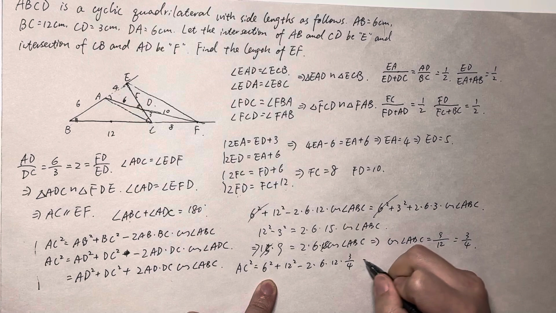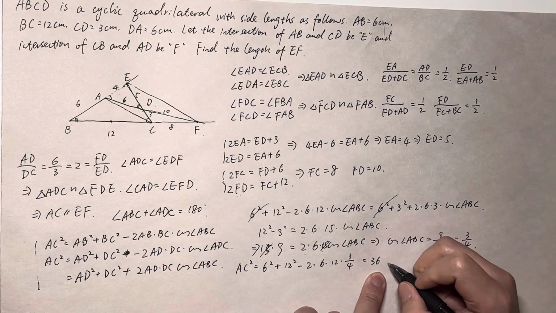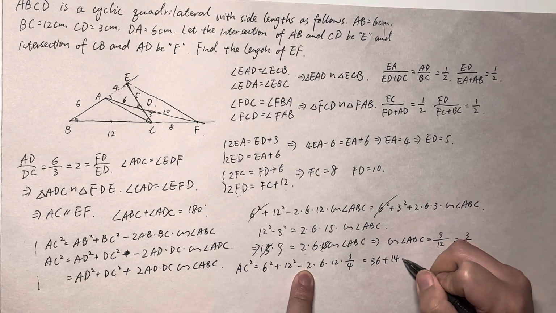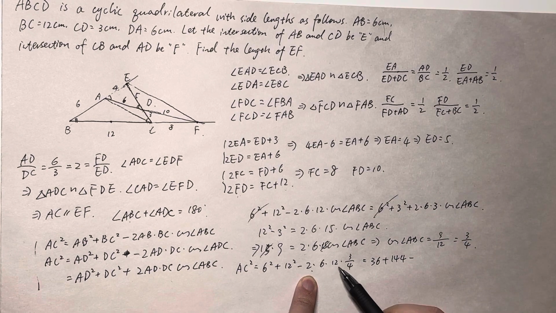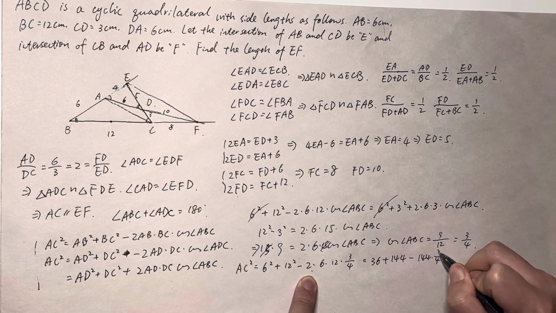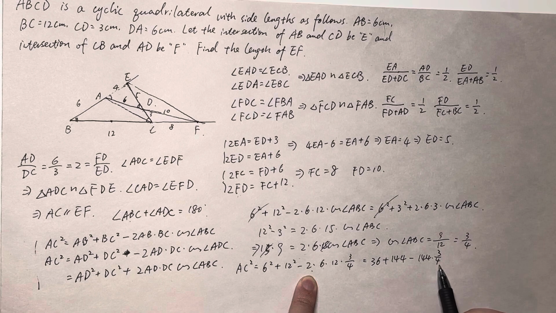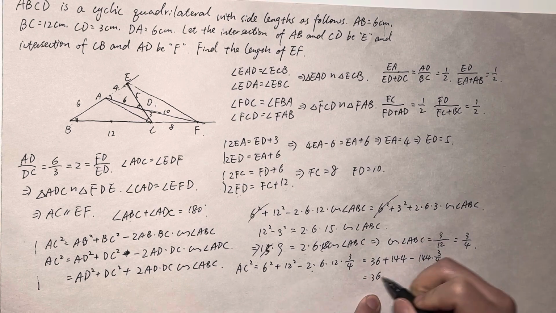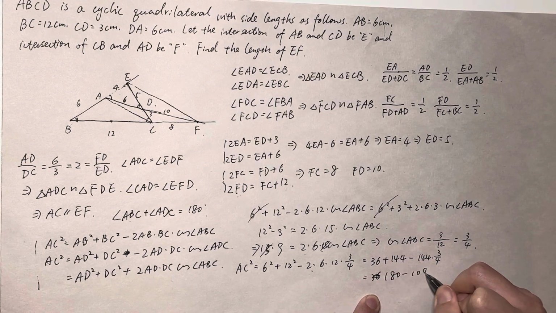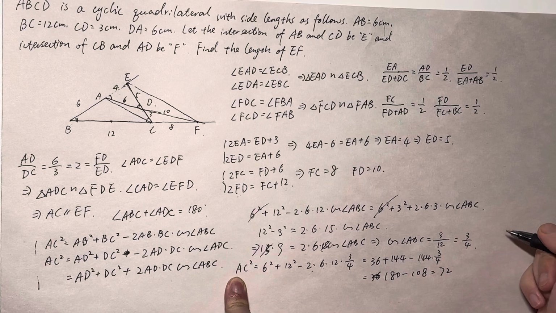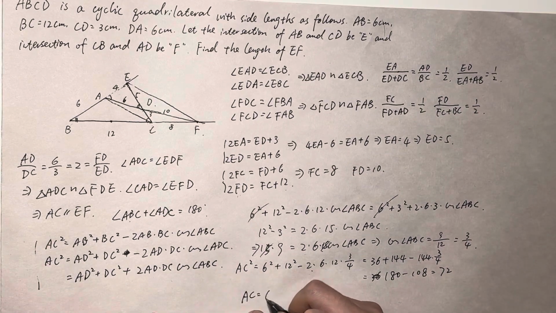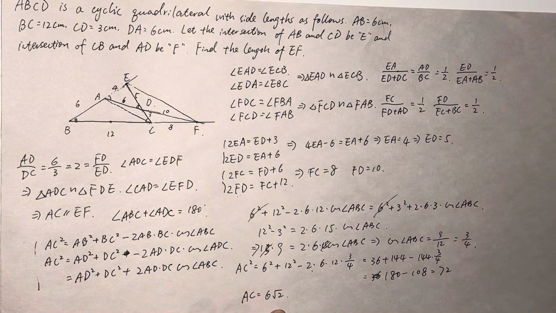right? It equals 36 plus 12 squared, that's 144, minus 12 times 12, that's still 144, times 3 by 4, right? So 144 divided by 4 is 36, times 3, that's 108. So it equals 180 minus 108, so it equals 72, right? That's AC squared. So we know that AC equals 6 root 2, right?